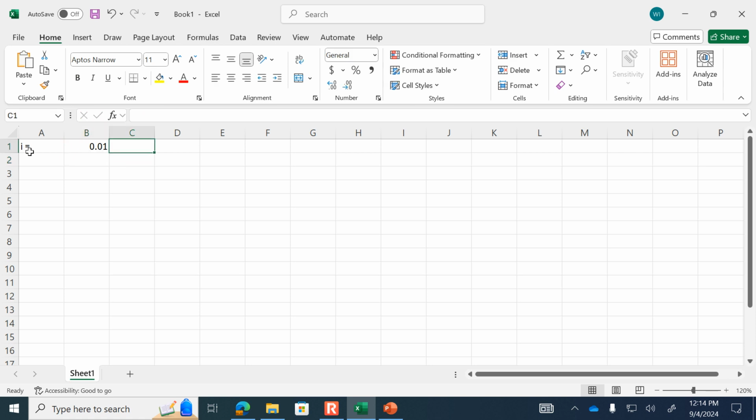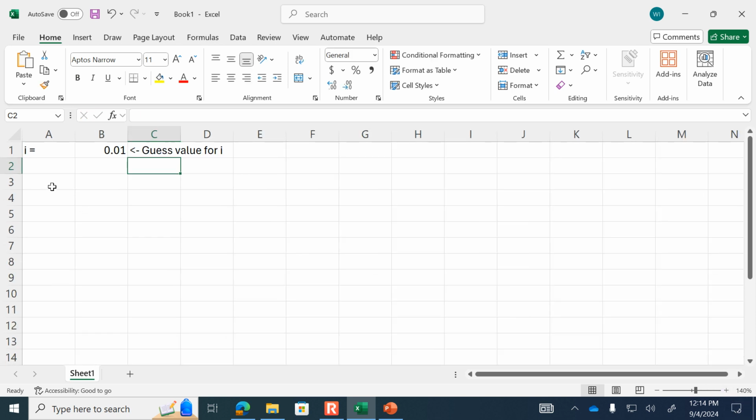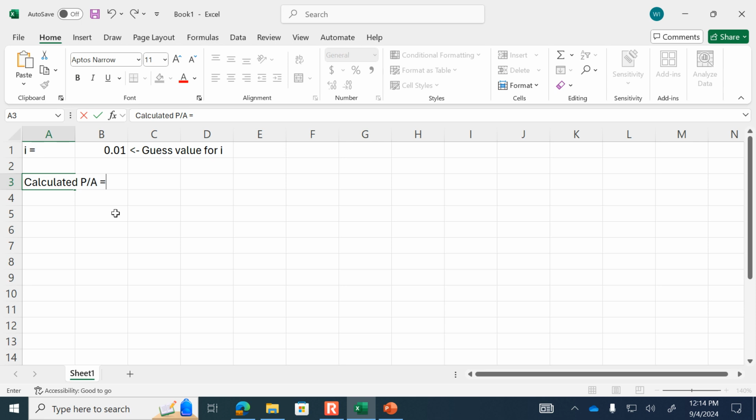I'll just put in some guess value for I. And then here I know that the calculated P divided by A equals 23,000 divided by 5,000. So I'm looking for a ratio of 4.6.